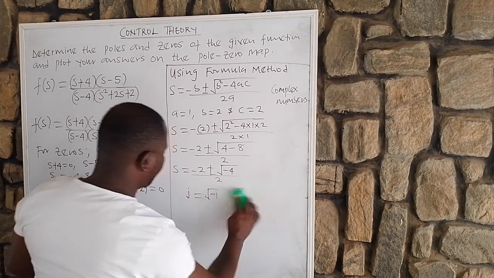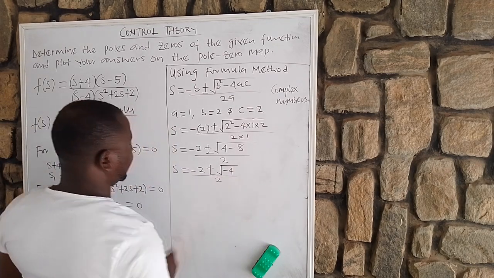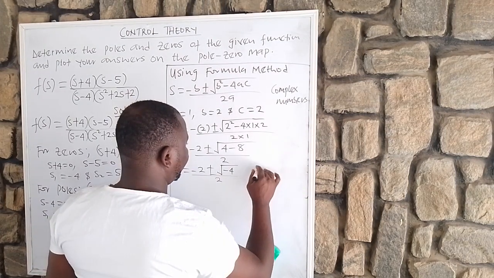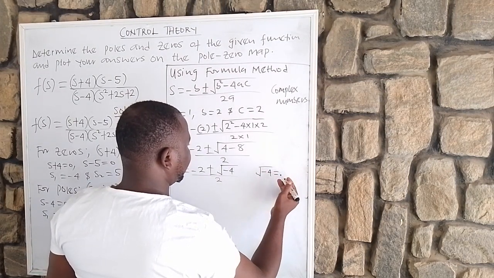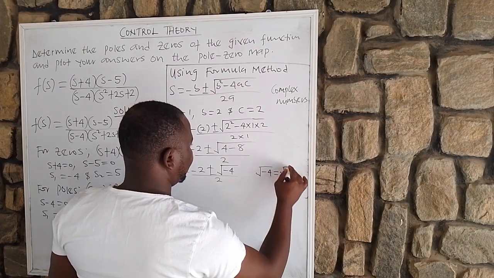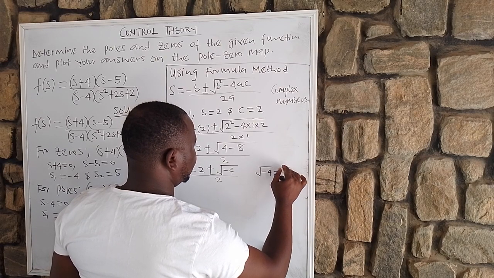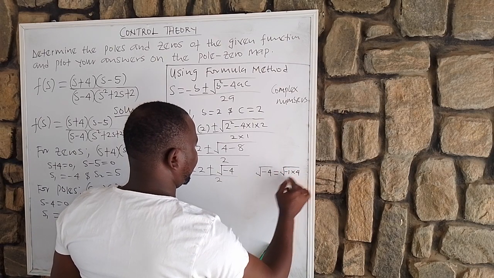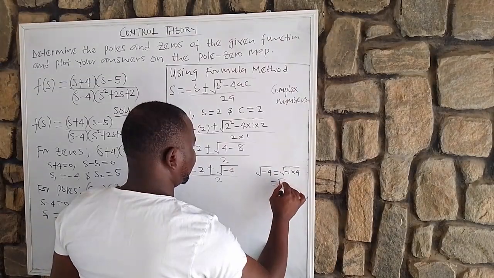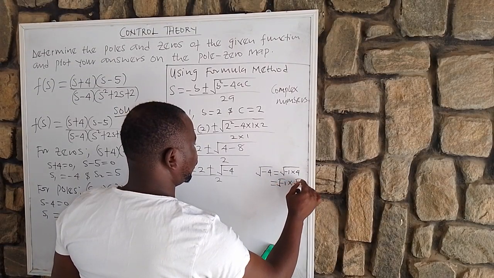So here we are going to apply this. Note that minus 4 is the same thing as root minus 1 times 4, which is the same thing as root minus 1 times root 4. True or false?